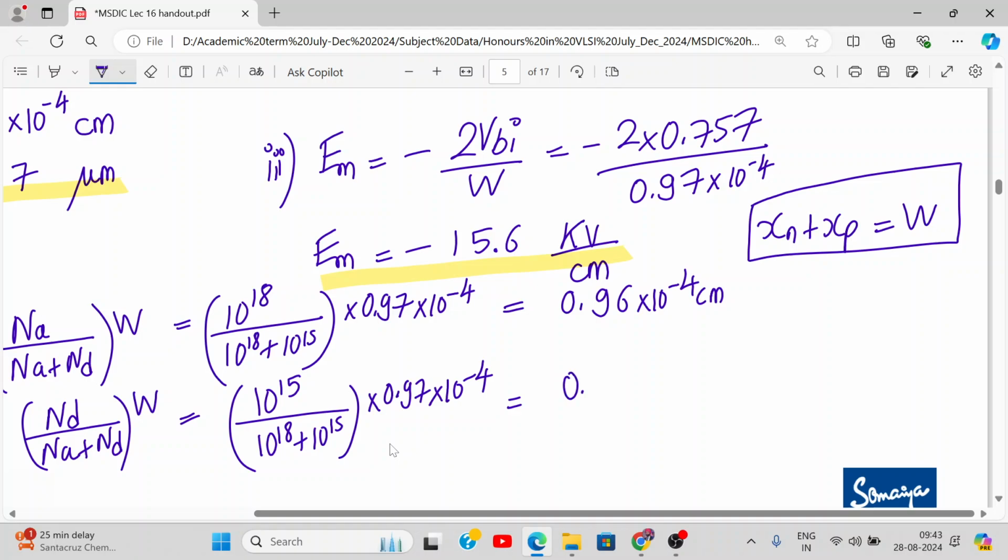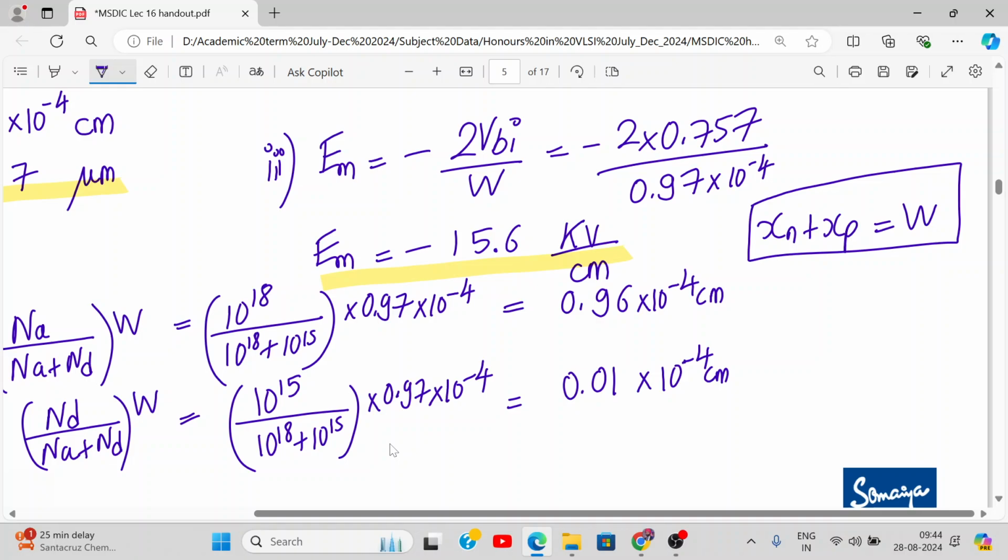Because if you add this to 0.01, you will get exactly W. Check whether you're getting this or not. Approximately the same.